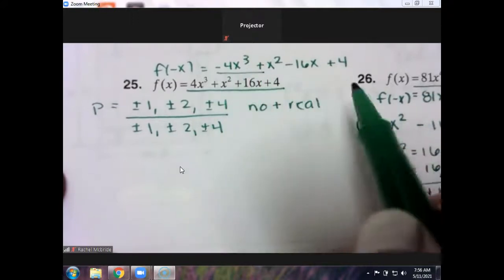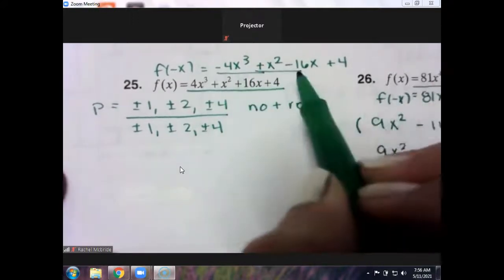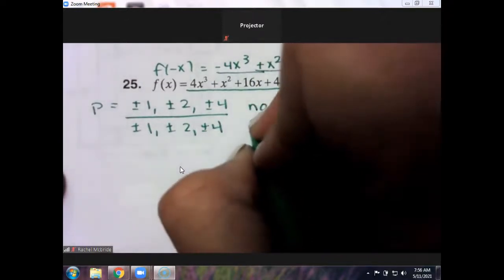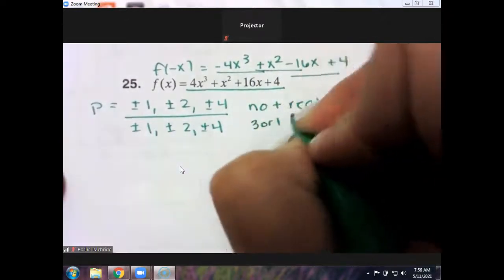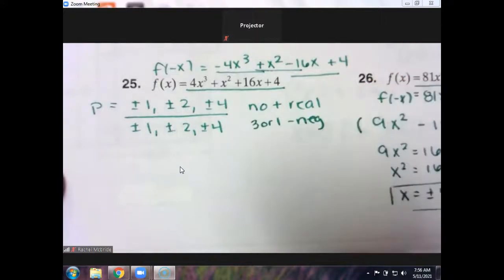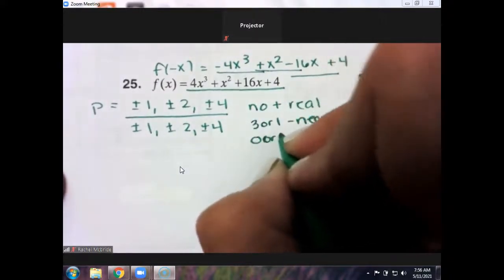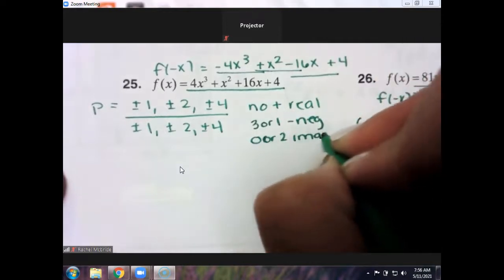So that's 1, 2, 3 sign changes. So you have 3 or 1 negative and 0 or 2 imaginary.